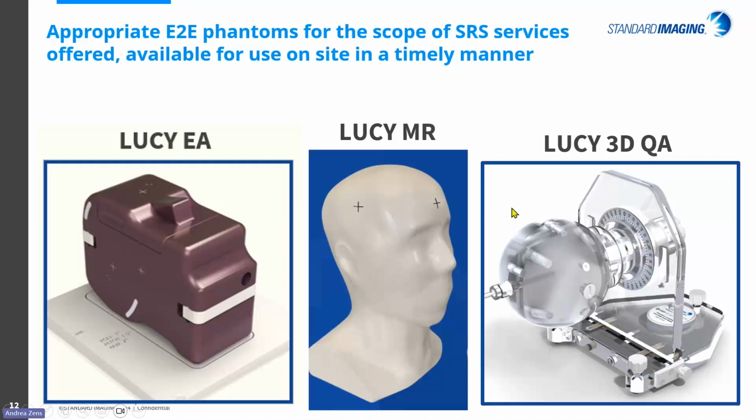And we have our traditional, if you wish to think of it that way, most long-standing Lucy 3D QA Phantom, which is very comprehensive and therefore very customizable in the Lucy family. But today, we want to focus on the Lucy EA, since it is our most recent Phantom release and includes some key features that make it simple and quick to use.